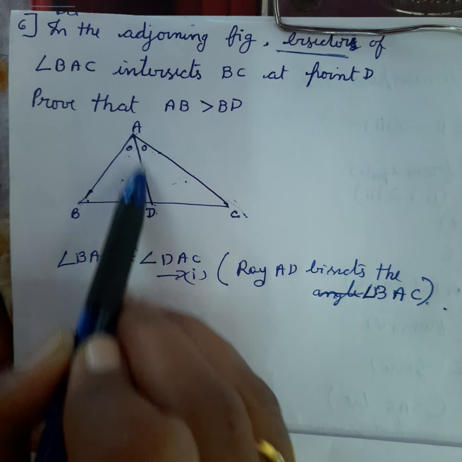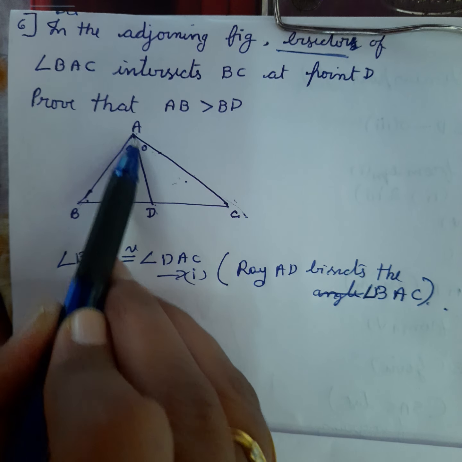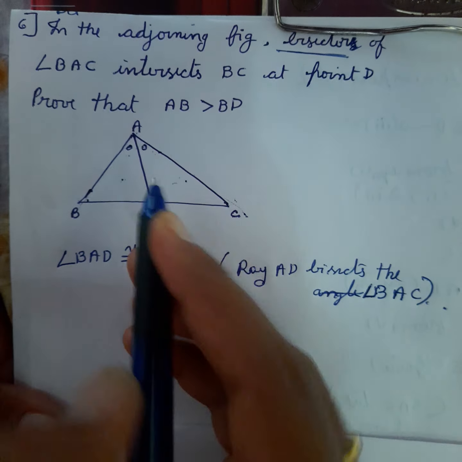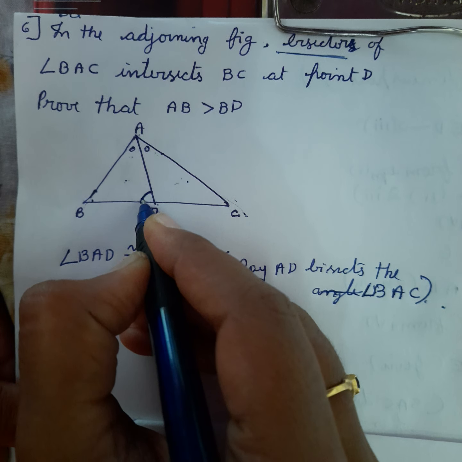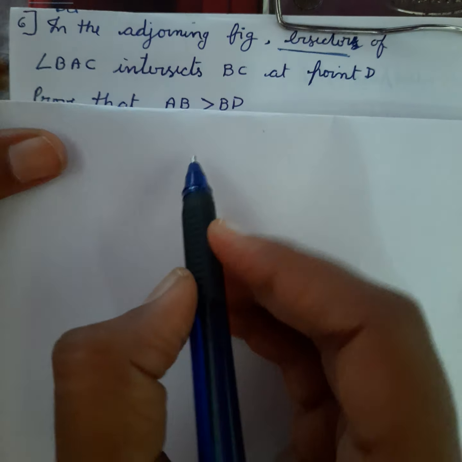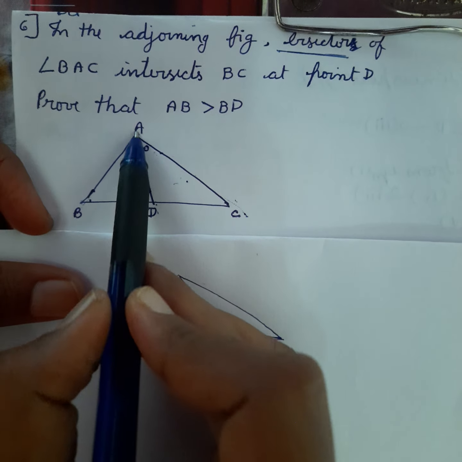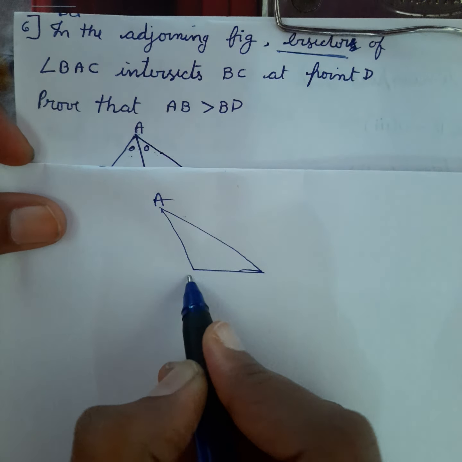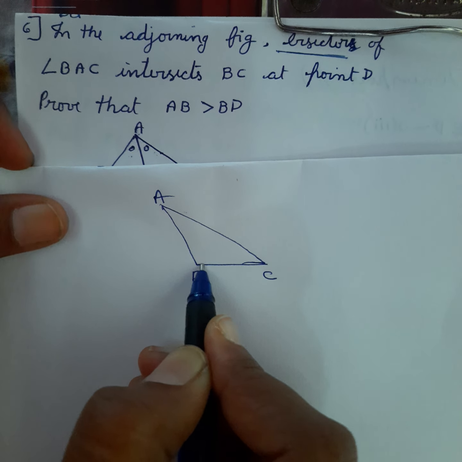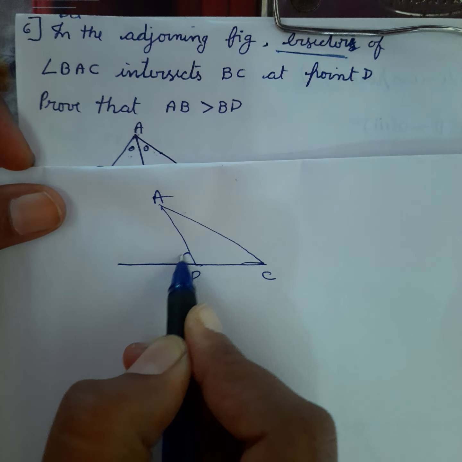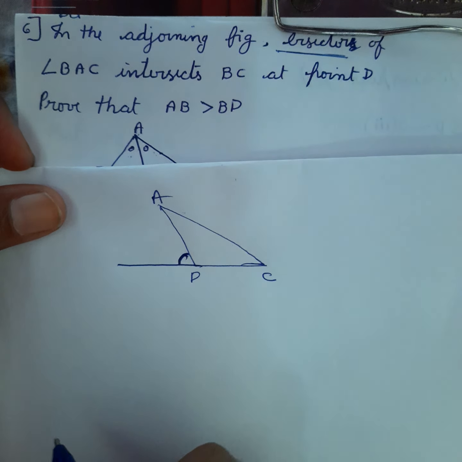So in triangle ADC, angle ADB is the exterior angle, correct? What is exterior? If the triangle is like this, ADC, and we extend the base, whatever outside angle is called the exterior angle.